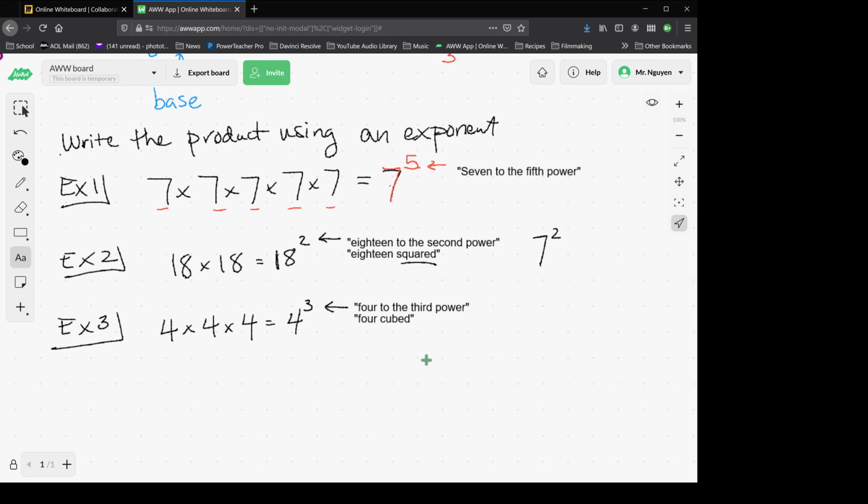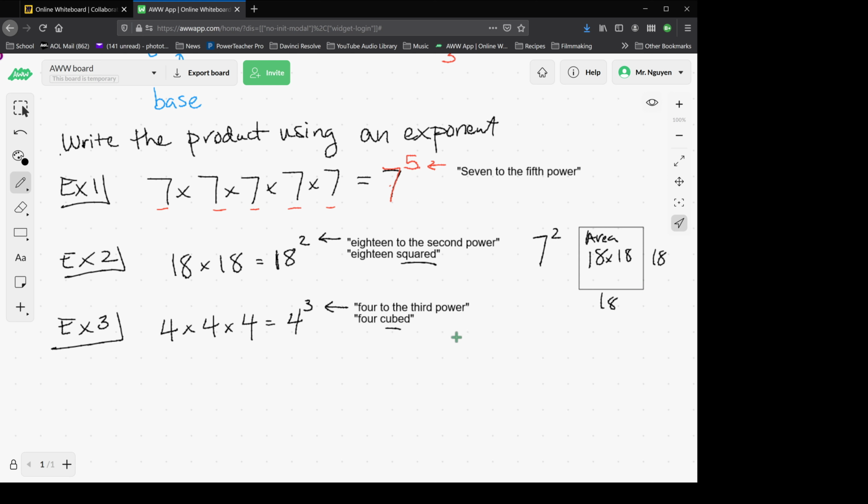4 cubed. Okay. And there's definite reasons why you would say squared and cubed, because square is basically a square. How do you find the area of a square? Well, if you have 18 over here and 18 over here, that's 18 times 18 for the area, right? So that's 18 squared because it is a square.